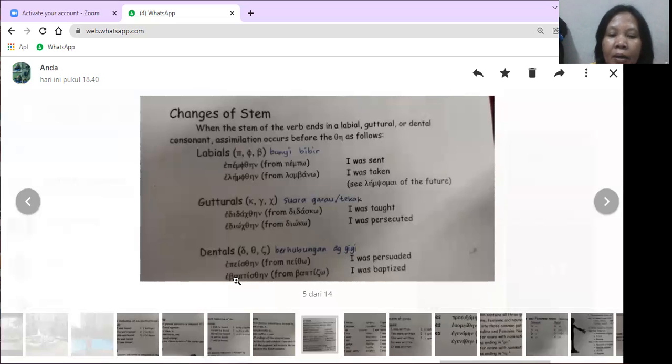Ebaptisthen from baptizo, meaning I was baptized.